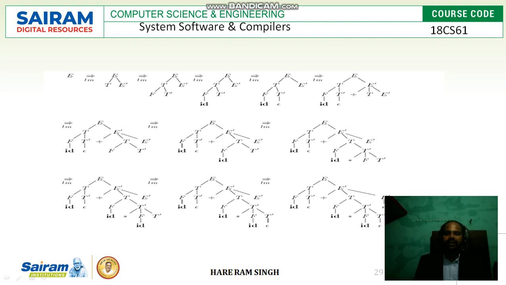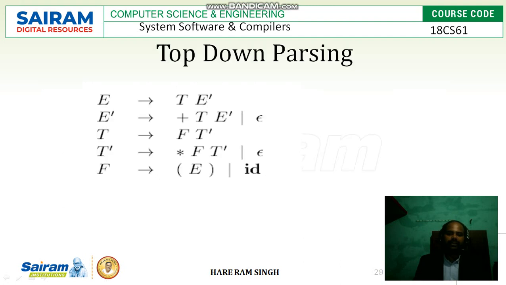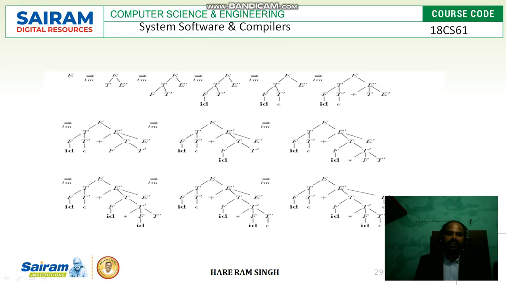Next, after the terminal plus, the non-terminals are T and E'. So the leftmost is T. T will be replaced with FT'. Then F will be replaced with id, because it will match id + id.